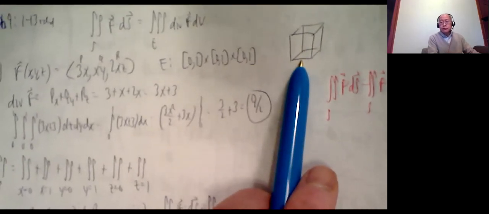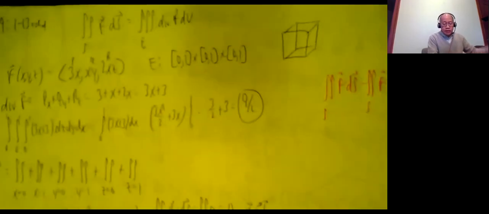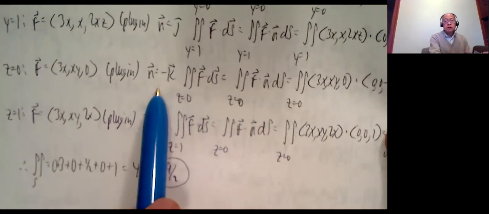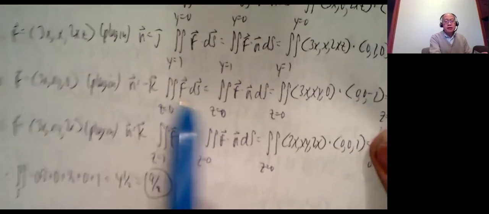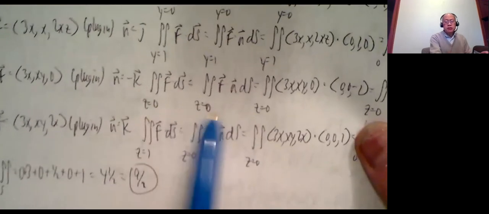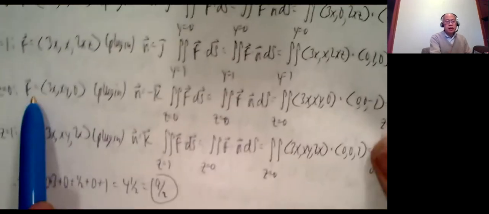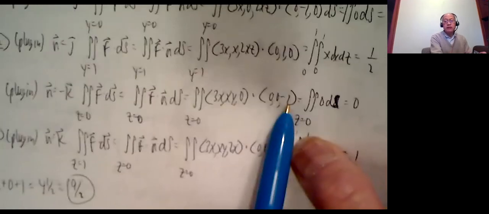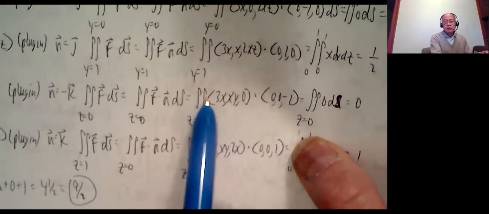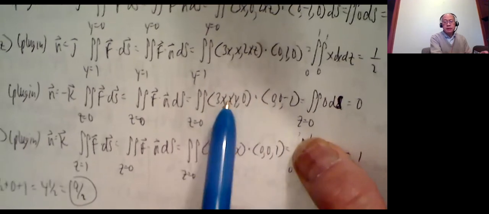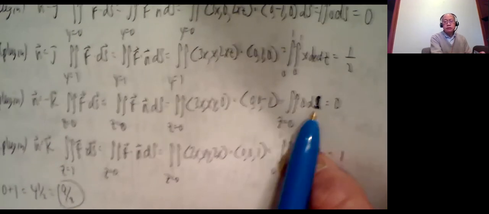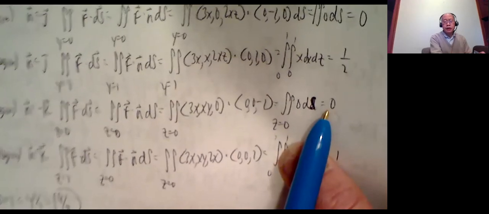Your floor unit vector outward is down. So negative k. So f dot n ds along z equals 0: 3x, xy, 0 dot 0, 0, negative 1. 0 times 3x is 0, plus 0 times xy, 0, plus negative 1 times 0 is 0. Integral of 0, 0. So nothing's going out the bottom.